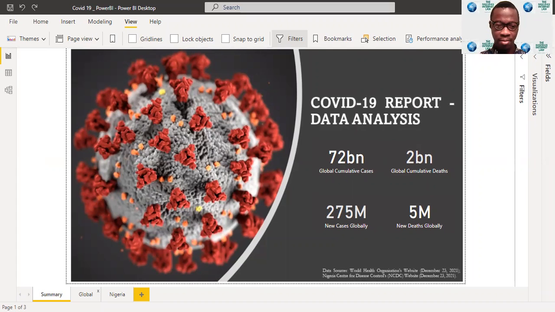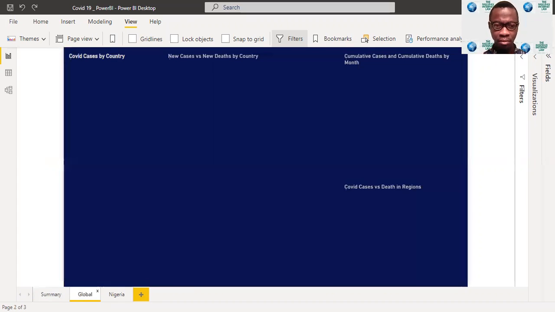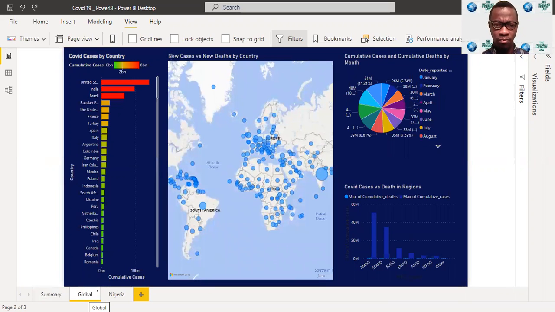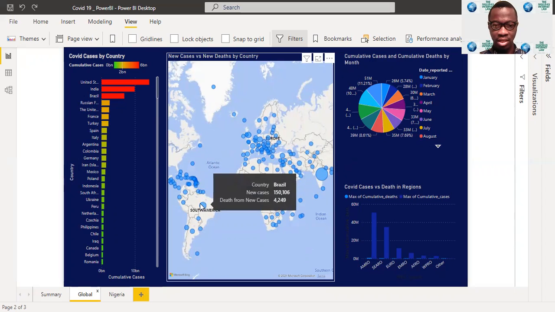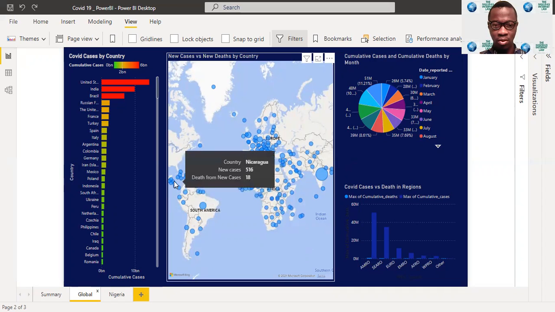So first, let's look at my analysis of COVID-19 around the world. As seen in this map, we can see the spread of COVID-19 all around the world. The blue bubbles everywhere show the countries. This is Bermuda, this is Brazil, and then Honduras and on.